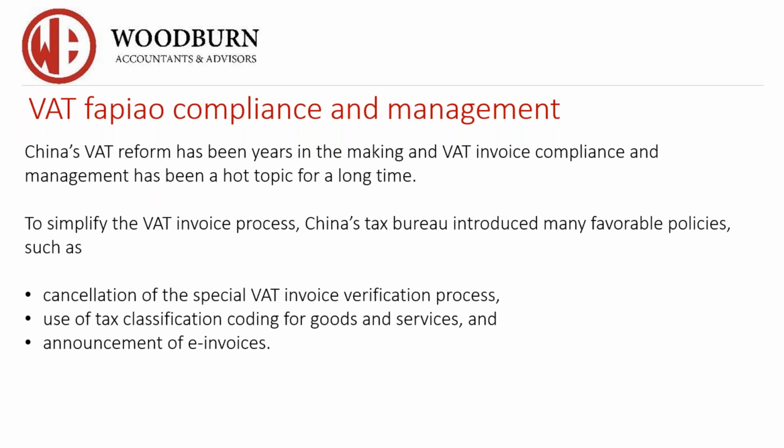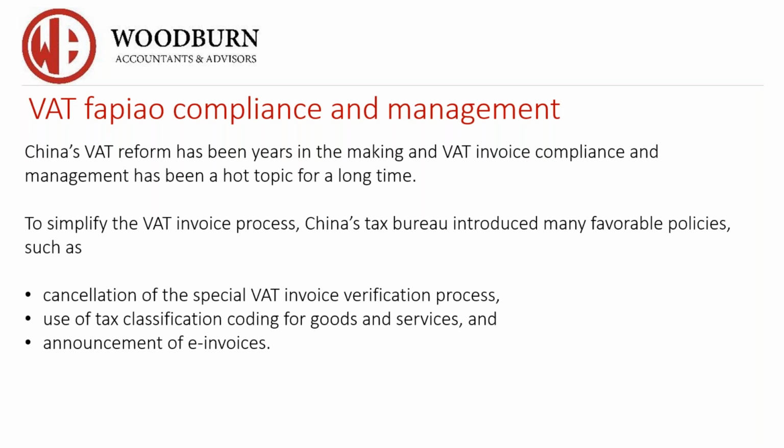Over the years, the tax bureaus have been trying to simplify the processes of VAT invoices. So there have been more favorable policies there for cancellation of special VAT invoices. So for example, you have a customer who by accident has misspelled or given you an account number that is slightly wrong, a digit is wrong, and you basically have to cancel that invoice.